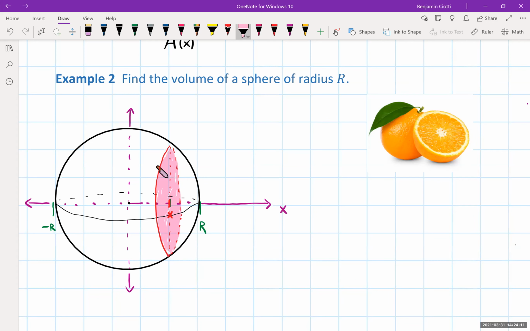Let me ask you all a yes or no question. The radius of the disc in the cross section is r.